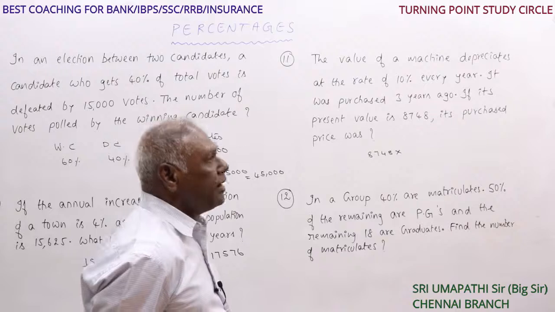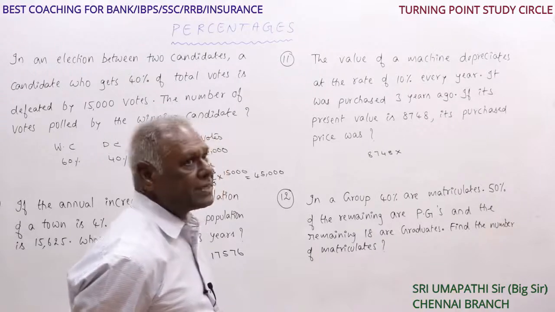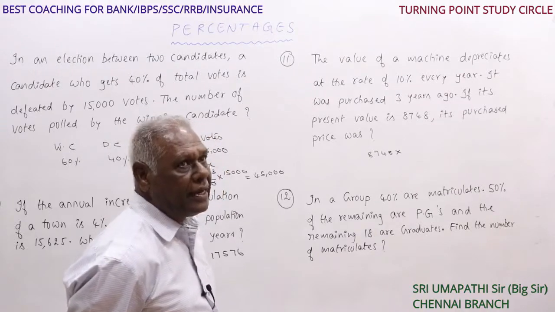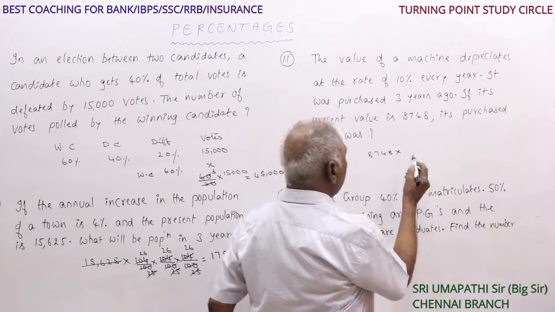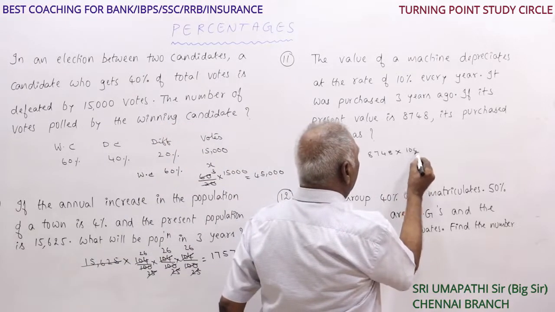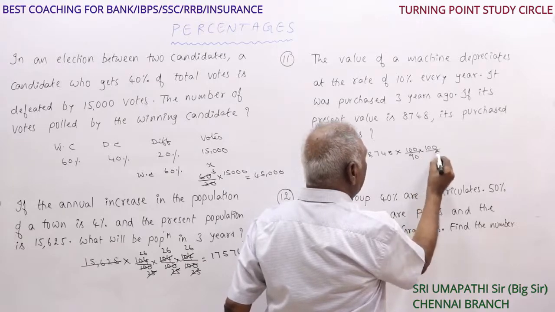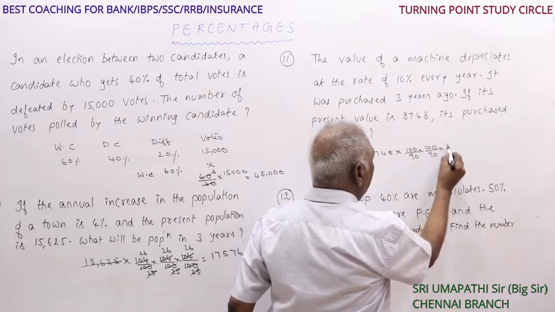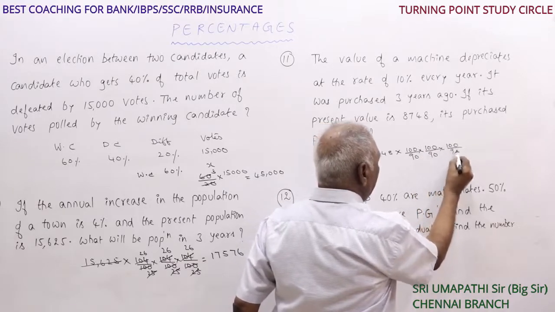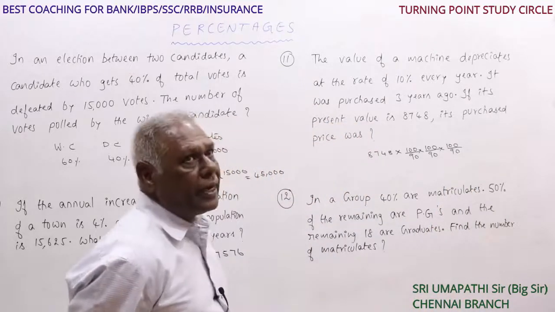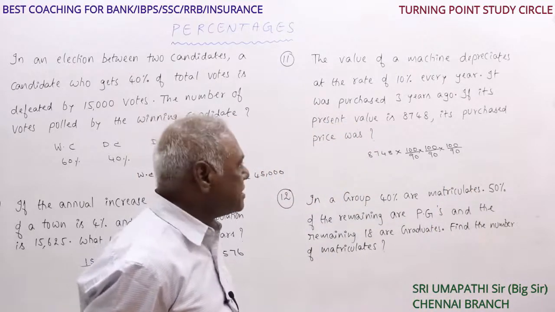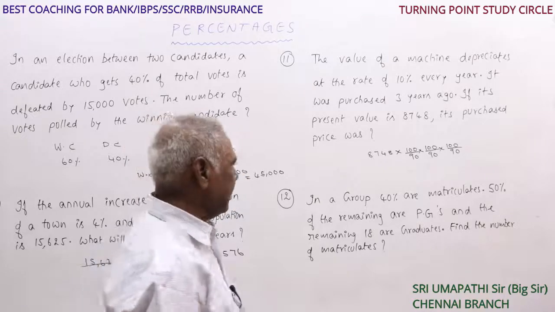It is decreasing every year by 10%, so 90 by 100. So we have to reverse that fraction. So it is equal to 100 by 90 into 100 by 90 into 100 by 90. After 3 years, as it is decreasing, it is into 90 by 100. Before 3 years is asked, so we have to reverse this fraction.